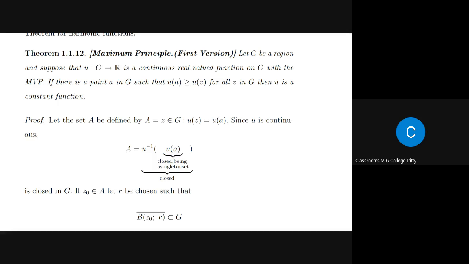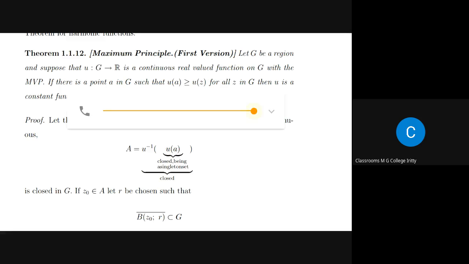Sir, here you stress the point that G is a region, meaning it is an open connected set, isn't it? Okay. The region may be a simply connected region or a multiply connected region. Sometimes there will be a hole and sometimes not.